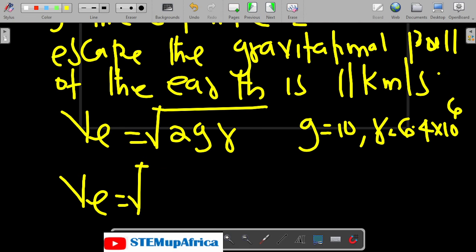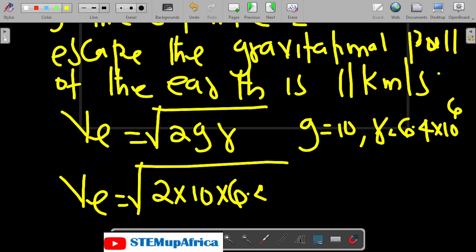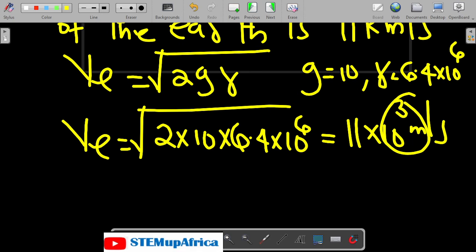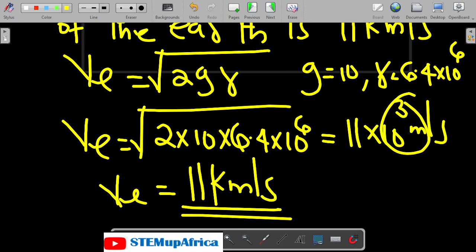If you have 2 times 10 times 6.4 times 10 to the power 6, it's going to give you 11 times 10 to the power 3 meters per second. So 1000 is a kilometer. So my VE now will give us 11 kilometers per second. So you can actually estimate this value, which is the minimum velocity required for an object to leave or escape the gravitational pull, so referred to as escape velocity.